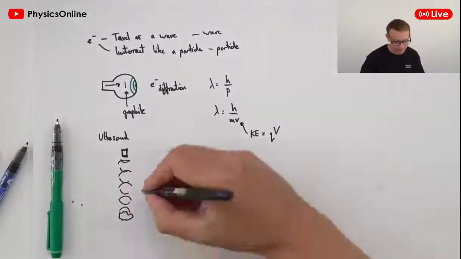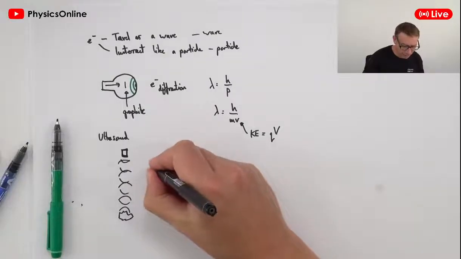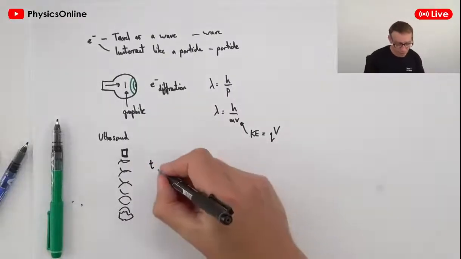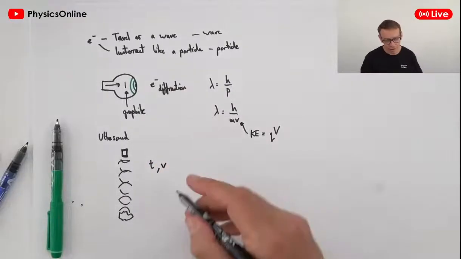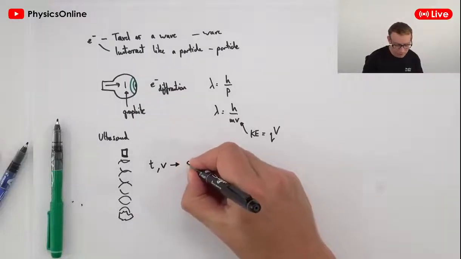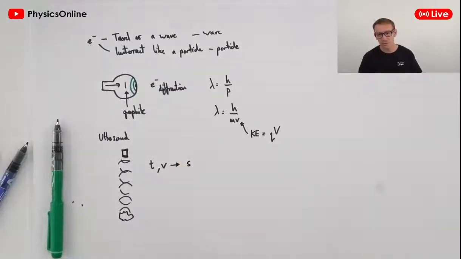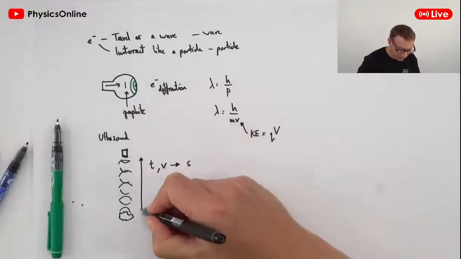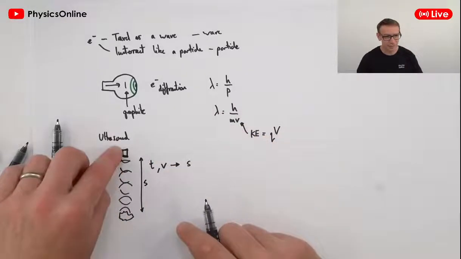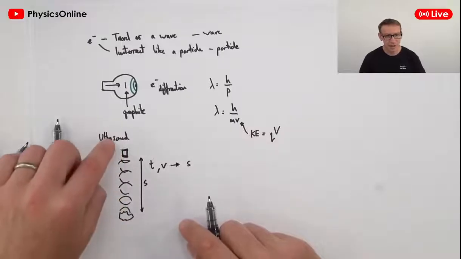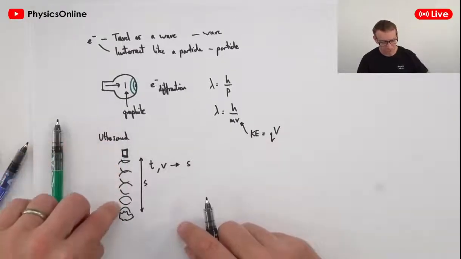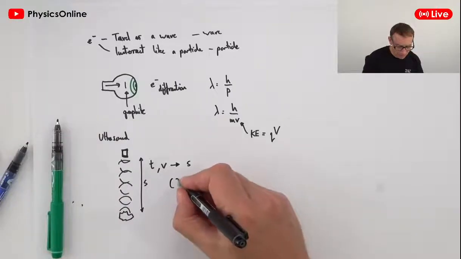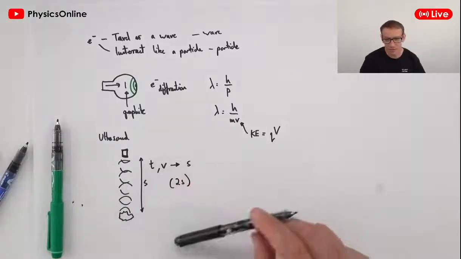We can then look at the time the wave travels for. We know how quickly it moves through that medium, and therefore we can work out the distance the wave has travelled. But the distance, s, from here to the object means that in the time it takes to go there and back again, the distance travelled is equal to 2s.